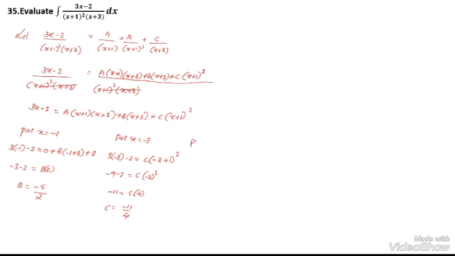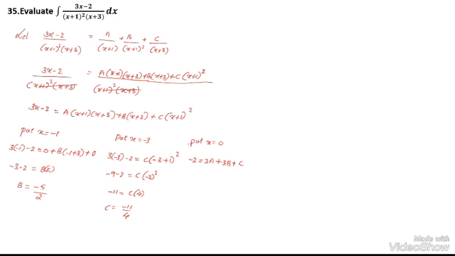Now, for the third one, simply I can take x equals 0. Then the equation becomes minus 2 is equal to, here x equals 0 gives 1 into 3, that is 3a, plus 3b, plus c.